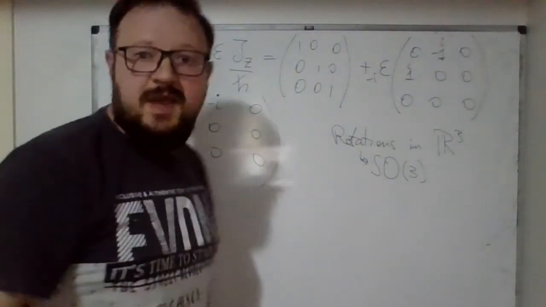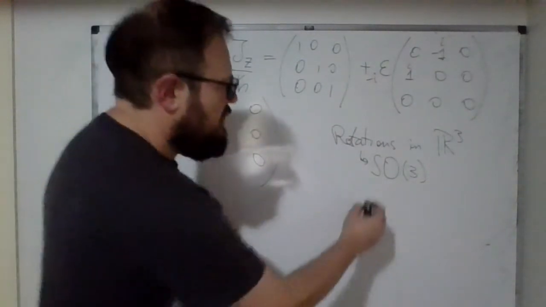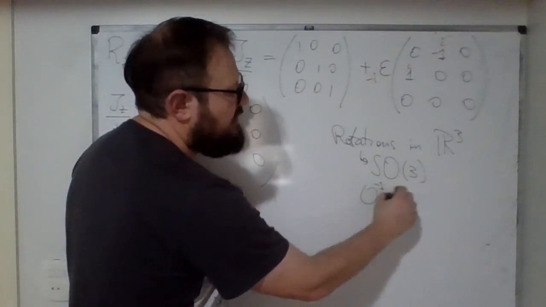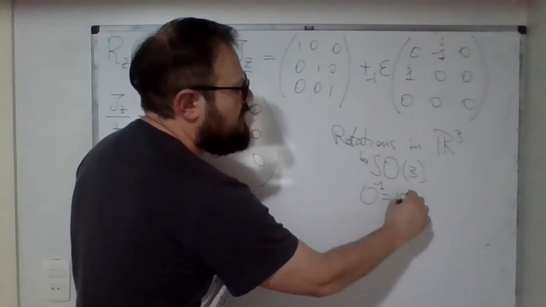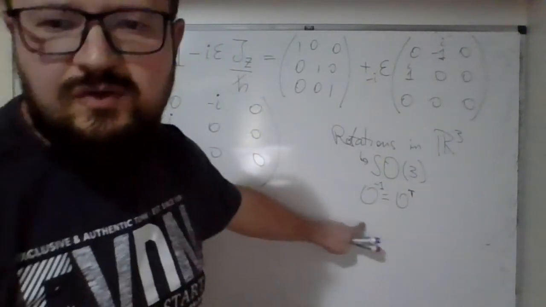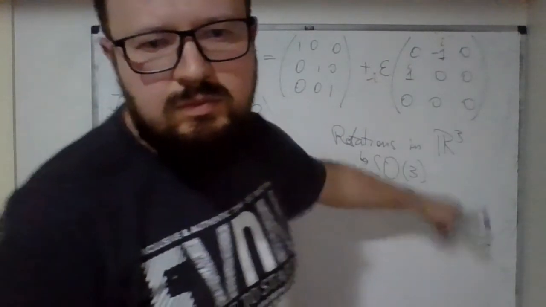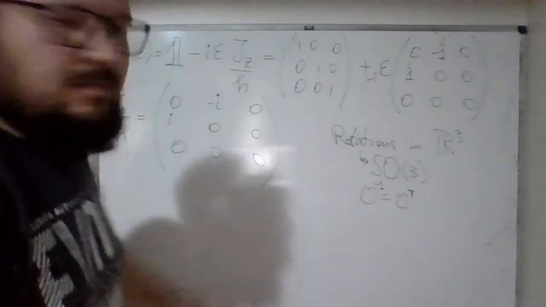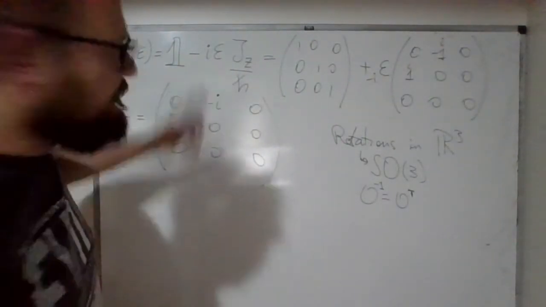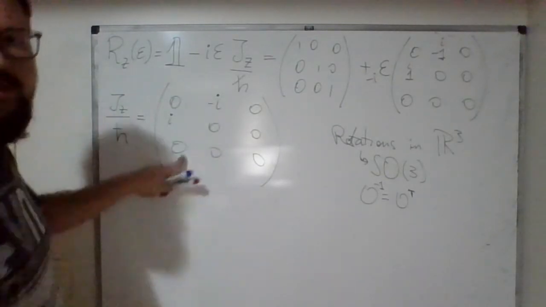And orthogonal matrices are the real version of unitary matrices, because for an orthogonal matrix, the inverse is equal to the transpose. You don't need to complex conjugate orthogonal matrices because they are all real valued matrices. But we can map it to a unitary representation, and the unitary representation corresponds to this object here.